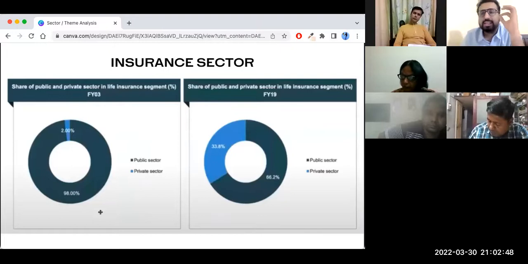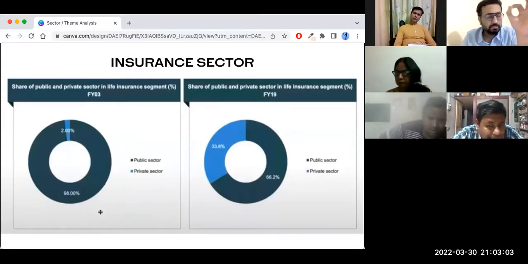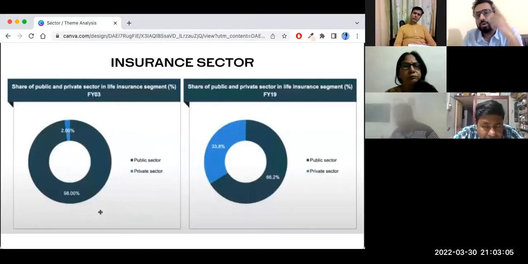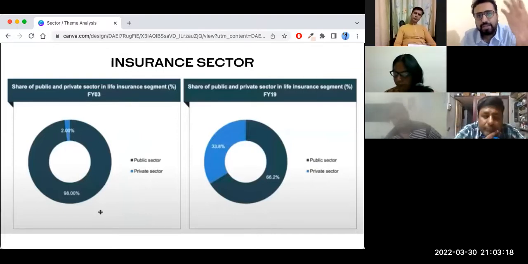In 2002, I think, private insurance companies were allowed to operate. By 2003, 98% of the market was controlled by the public sector, and that too by only one company, LIC, Life Insurance Corporation. They had 98% of the market.